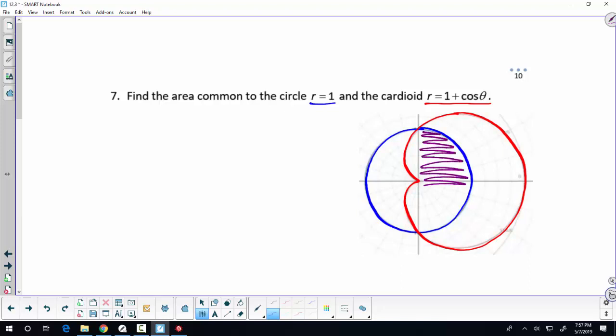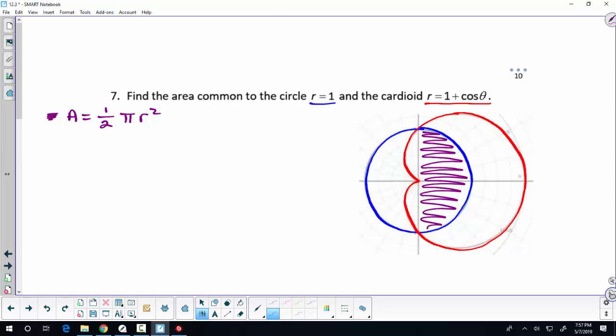So this area right here is just half of that circle. This area is half the area of a circle. So we can get a bulk of that just by using the area of half our circle.